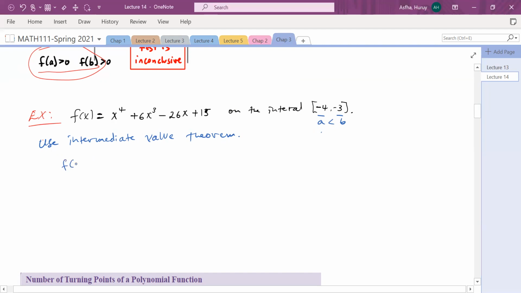Now let's find f of a, which is f of -4. So we have to evaluate this, and f of -4, that's a big number. 16 times 16. What is this number? 256, I guess.